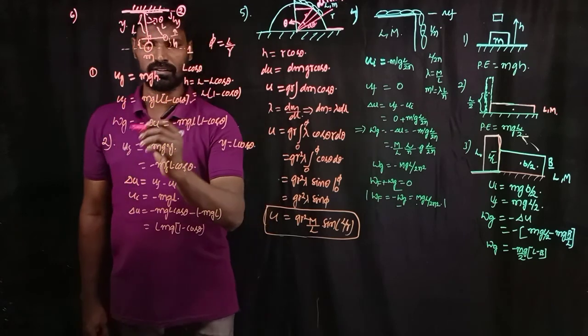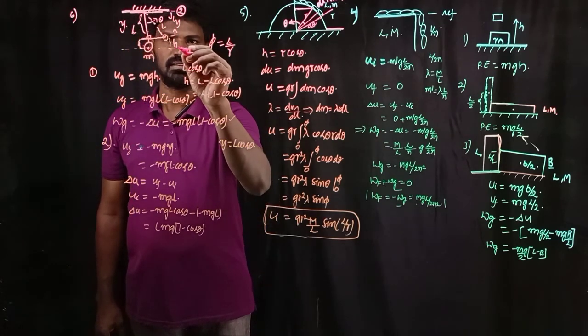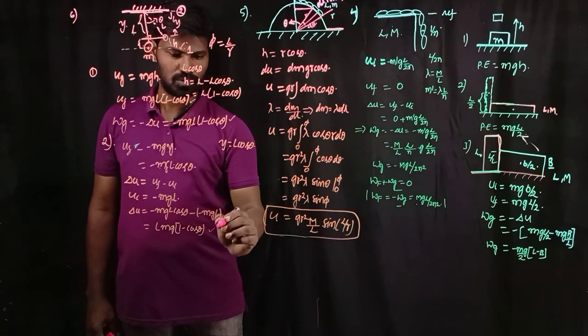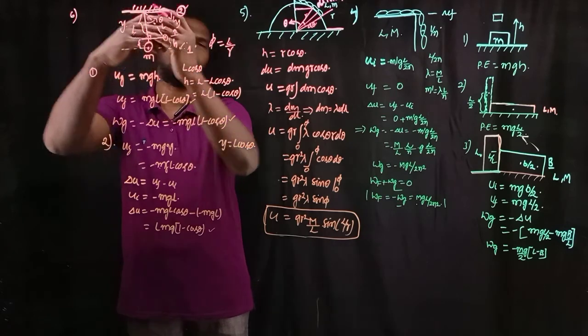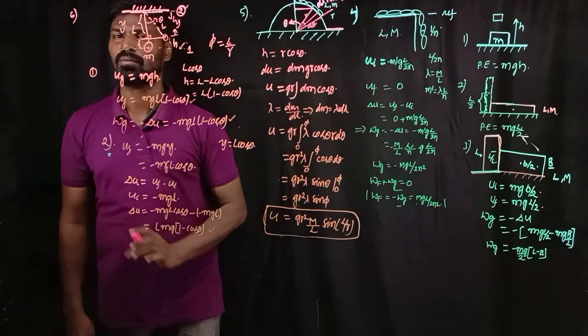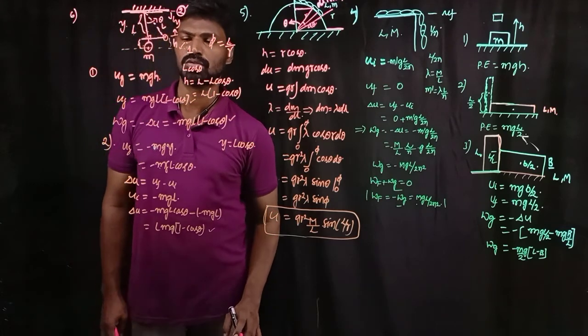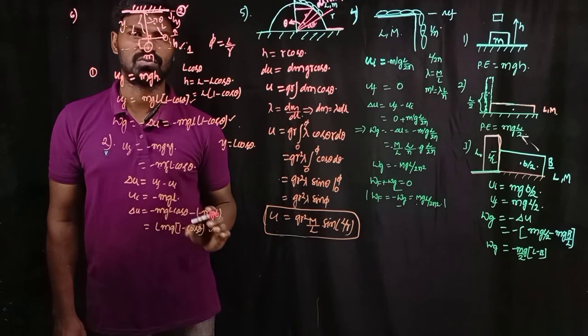If you calculate delta U by considering this as a reference line, and delta U by considering the other as a reference line, in both cases, and not only these two but any line that you consider, the change in gravitational potential energy is going to be the same. So through this we can conclude that potential energy can't be defined absolutely.